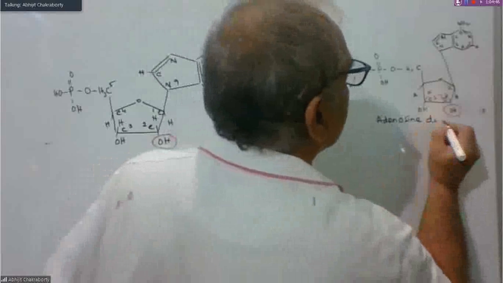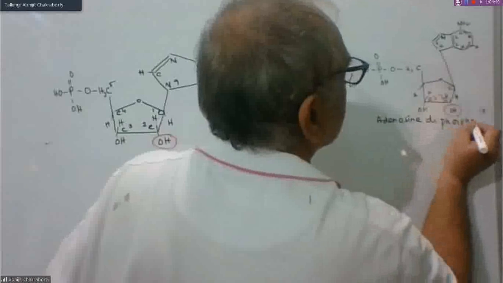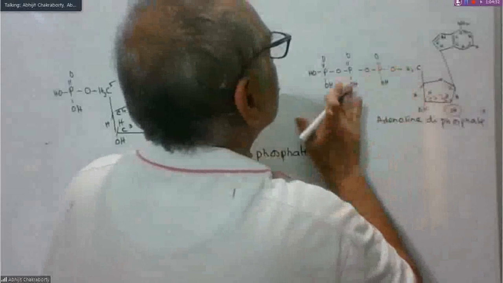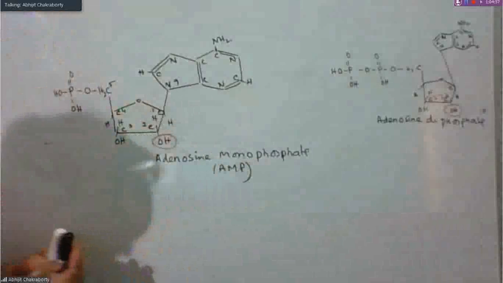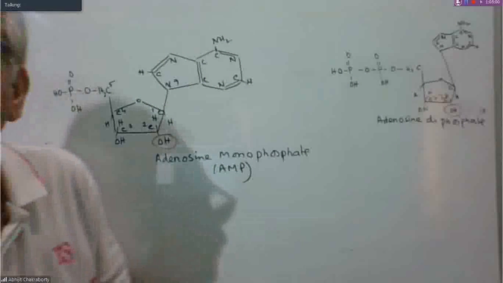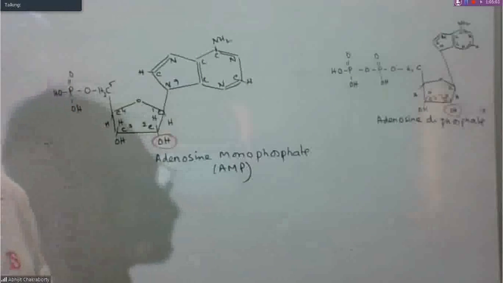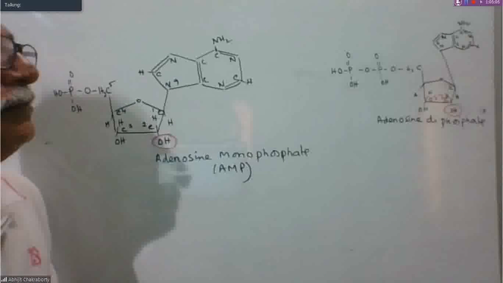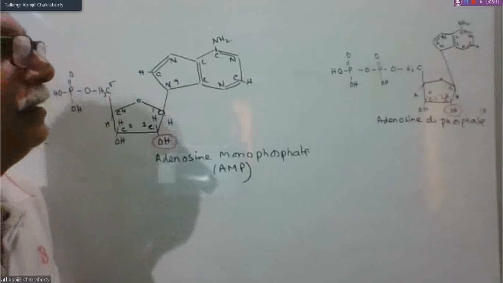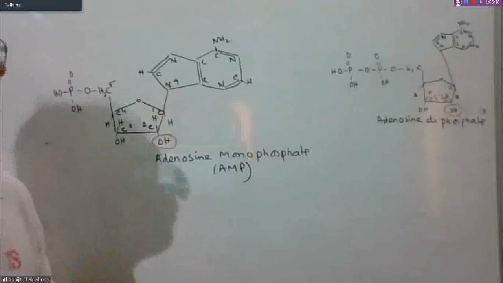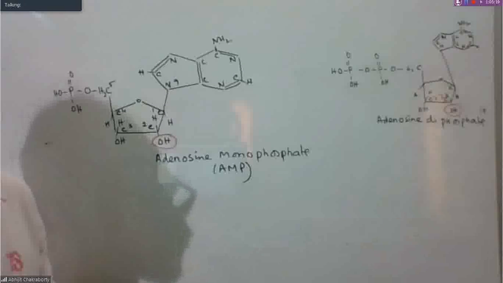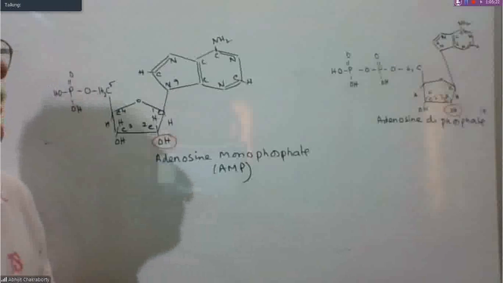You see? Diphosphate. Then the number of phosphates reduces. This is diphosphate. Simple thing. But you need to understand how these structures are developed. Clear?